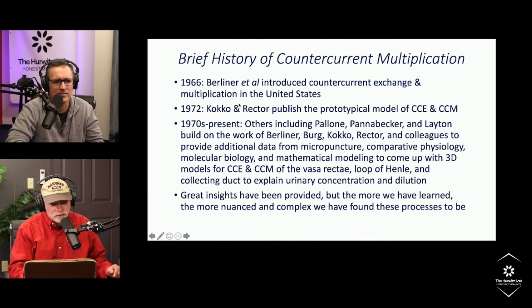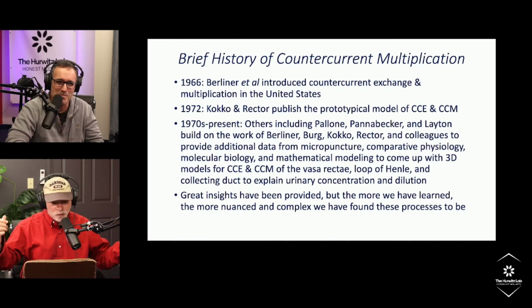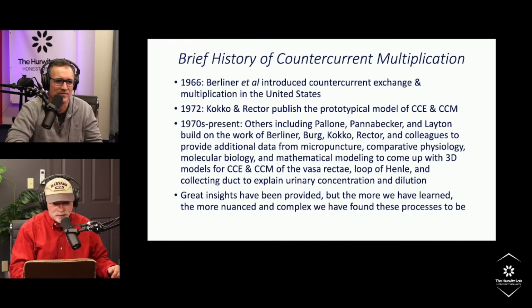And then Coco and Rector, this was done at UT Southwestern, where Donald Seldin had become the presence, running the department. So between Gerhard Giebisch and Bob Berliner at Yale and Donald Seldin, Floyd Rector, and Coco at UT Southwestern, you really had these real powerhouses of transport.